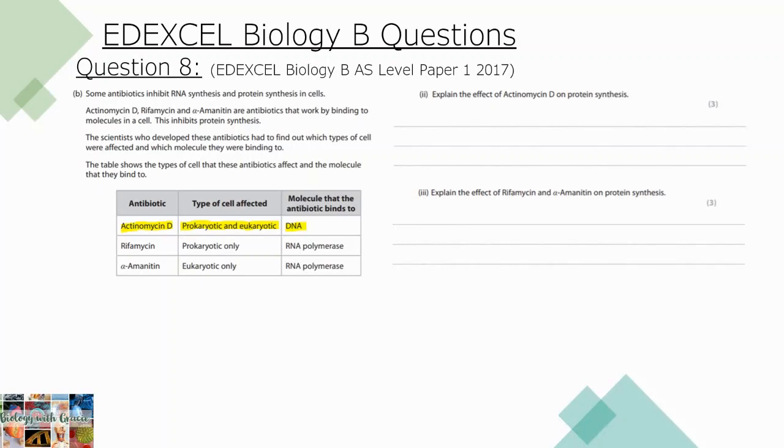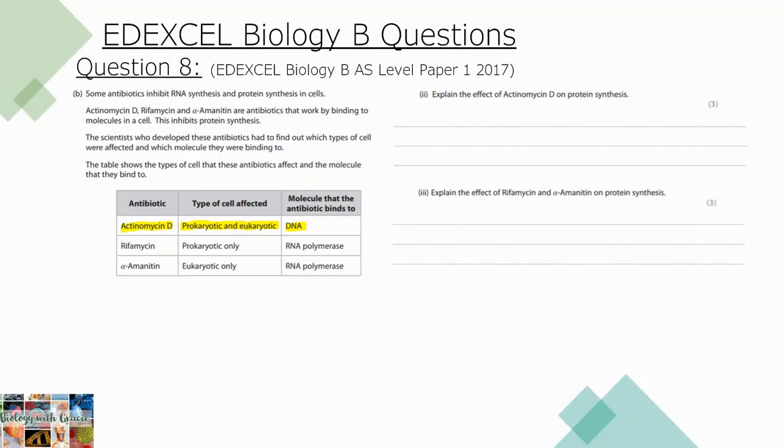So if this molecule is binding to DNA, then we know that this is going to affect transcription. So the DNA strands won't be able to separate, which means that there's not going to be a template strand available. So this is going to obviously inhibit transcription, it's going to inhibit the mRNA synthesis, and therefore the DNA of both cell types are the same structure, so both cell types are going to be affected.